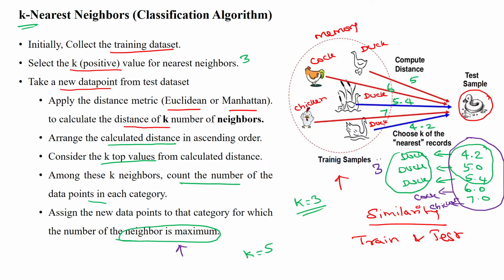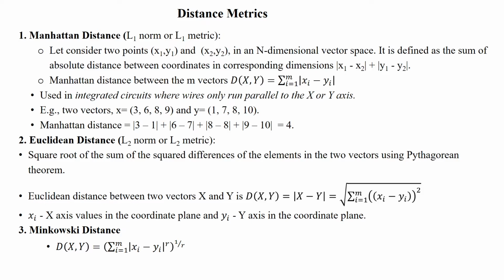The duck appears 3 times, cock appears 1 time, chicken appears 1 time. So the maximum category is duck, and the test sample belongs to the class duck. This is the way to classify the given test sample using the k nearest neighbor algorithm.